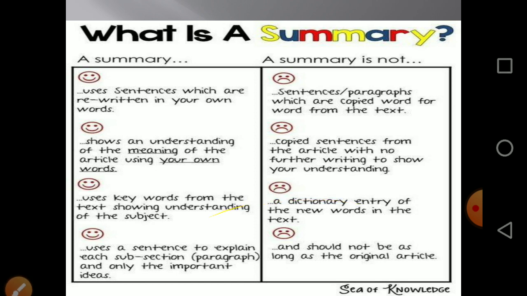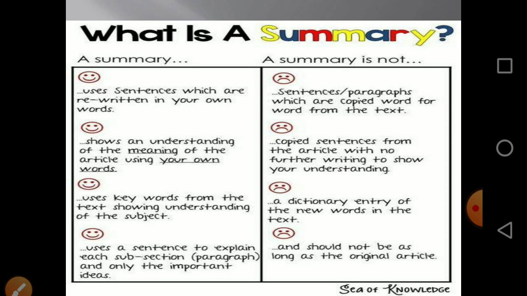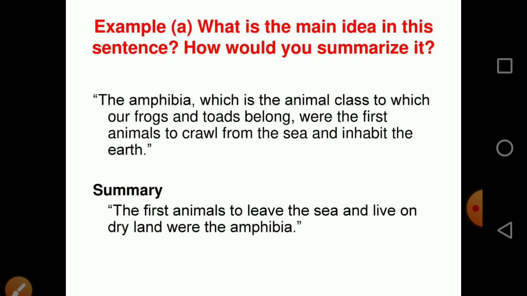Now let's see the same one again. Yes, it uses the sentences but rewritten in your own words. Yes, it is. Main keywords are used like amphibia, leaving the sea, living on dry land, earth.